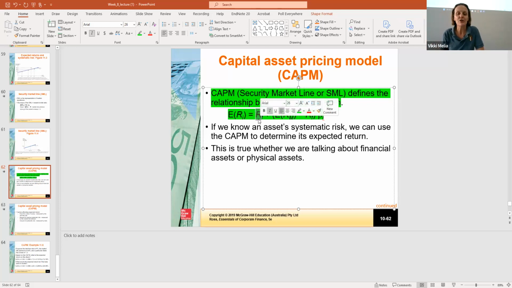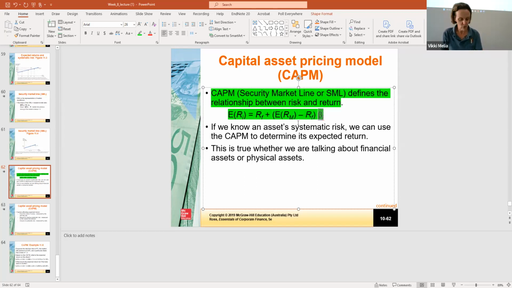So the rate of return on that risk-free asset, plus, in the brackets here, is the risk premium: the expected return on the market minus the risk-free rate. So we've got the risk-free rate twice in that formula, but the part in brackets is just the risk premium multiplied by beta.